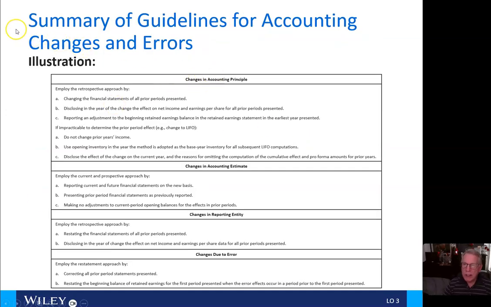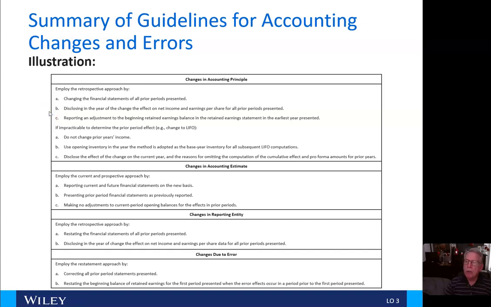Okay, so if we continue on with our summary of guidelines for accounting changes and errors, here in illustration, we have changes in accounting principles. And when we employ the retrospective approach, we are going to change the financial statements for all prior periods presented.